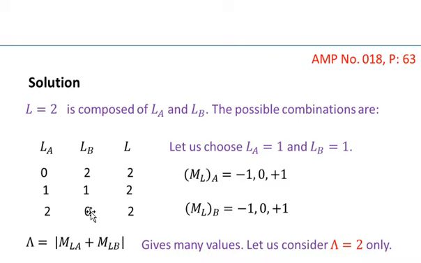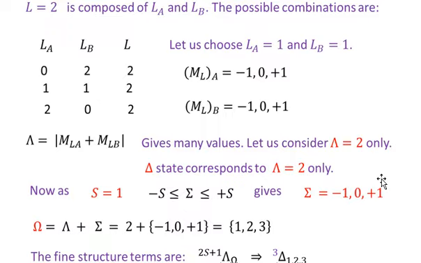Negative values are also possible. So this capital lambda can give you many values, but let's choose only capital lambda equal to 2. Out of many possible values, I am choosing capital lambda equal to 2 only.